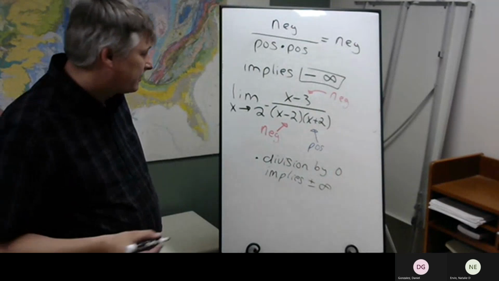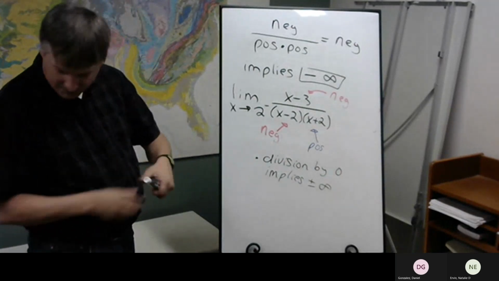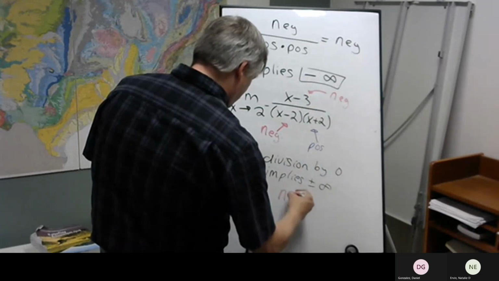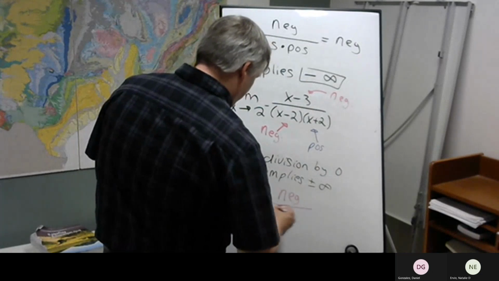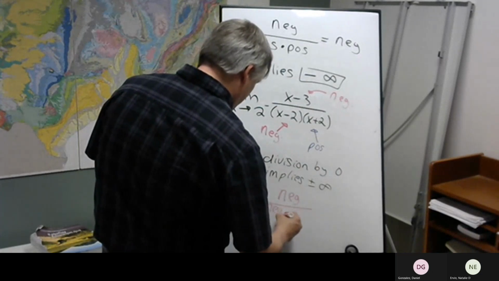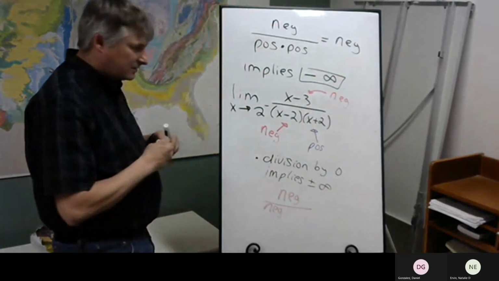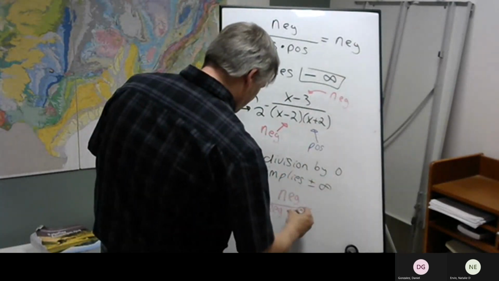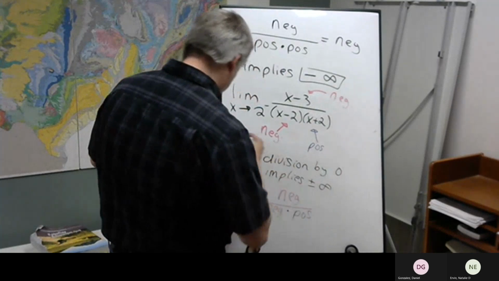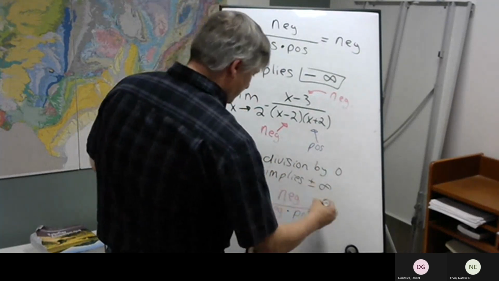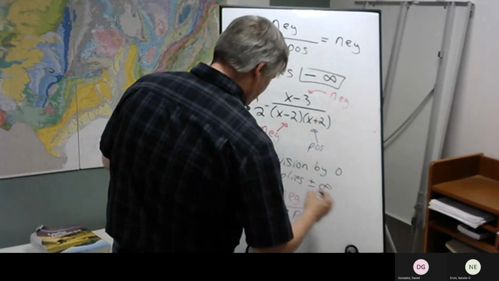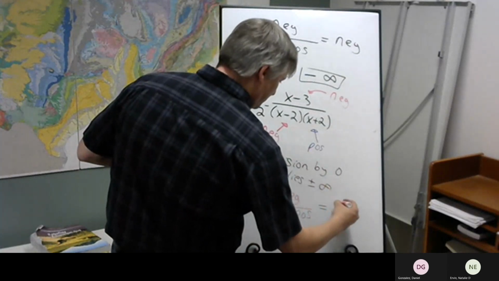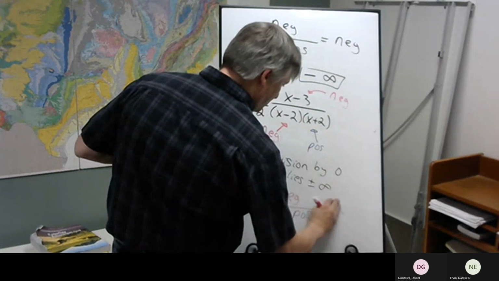Now, which one are we dealing with? Well, if we take a look at this, we have a negative over a negative times a positive. That's going to be, oh, sorry, no, positive.